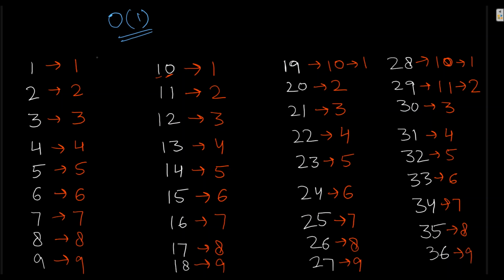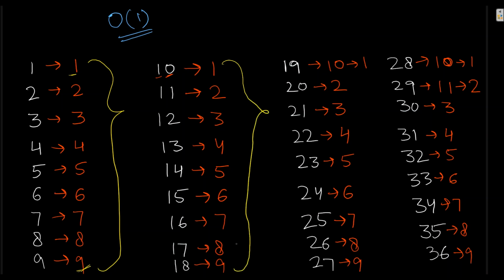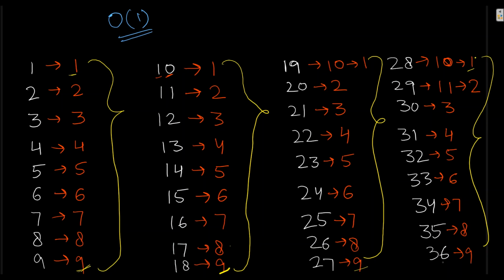Now if we see these numbers closely, we can see there is a pattern. From 1 to 9, after 9 it starts again with 1 up to 9, and after 9 it again starts with 1 to 9, then after 9 it again starts with 1. So for 37 I need not calculate; I can simply write 1.